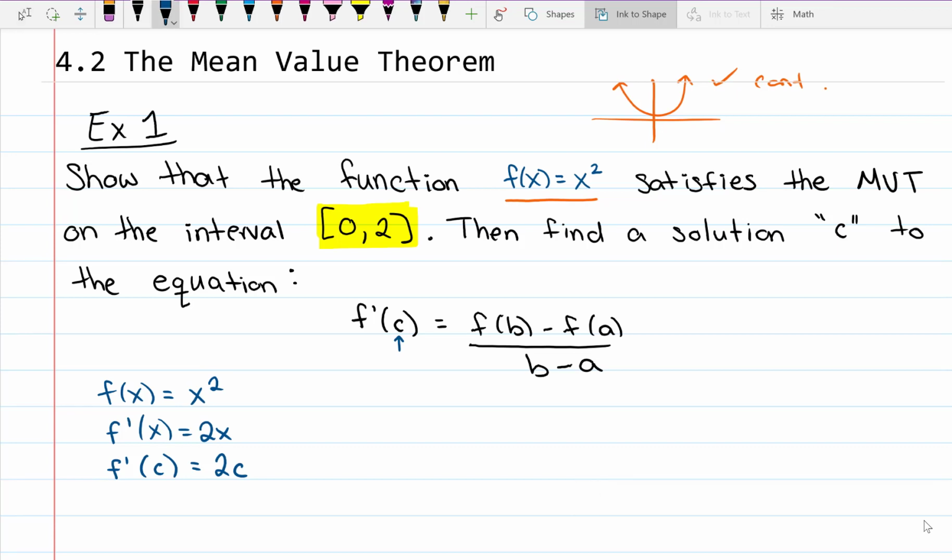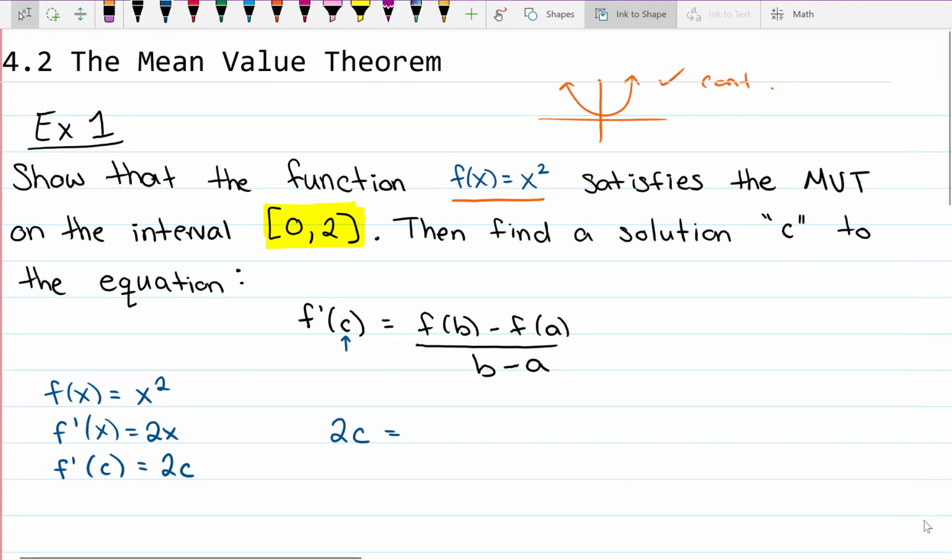So we have that 2c is equal to, now we need all these parts. Well, f of b is equal to f of 2, which is 2 squared, which is 4.